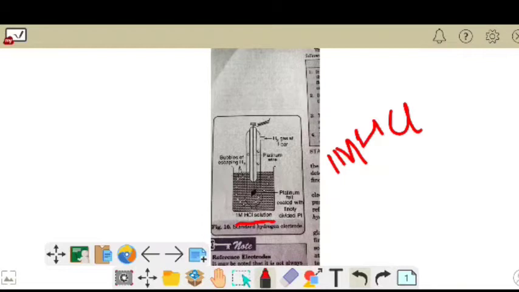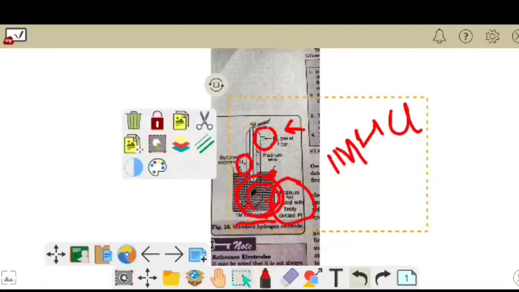This platinum wire is again covered with a platinum foil, and you can see hydrogen bubbles here, the white particles. There is an inlet in the whole system. From here hydrogen gas is allowed to go inside, and this hydrogen gas creates bubbles here. Now let us see what happens here.